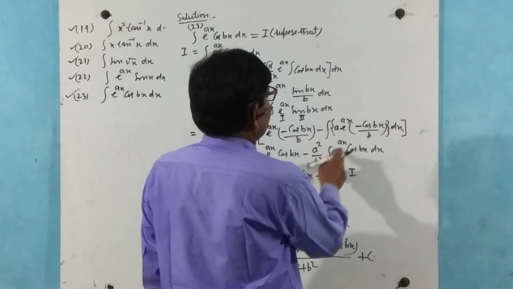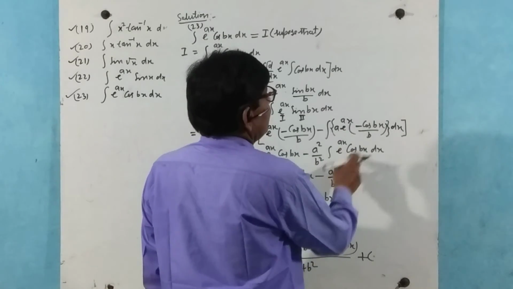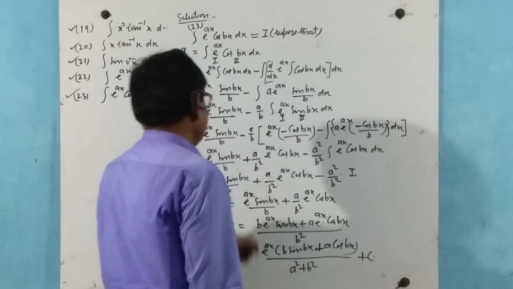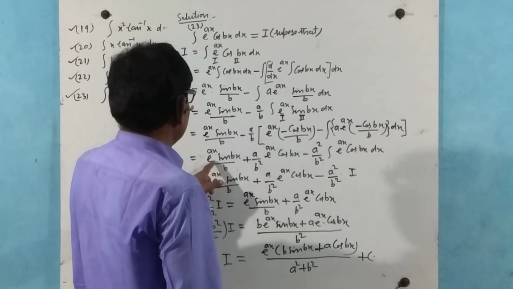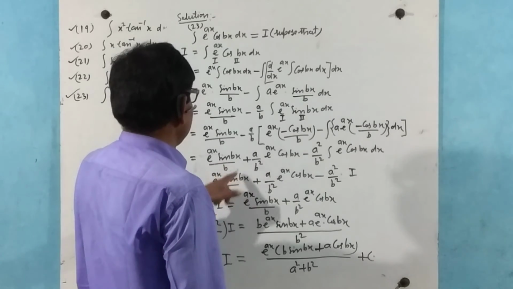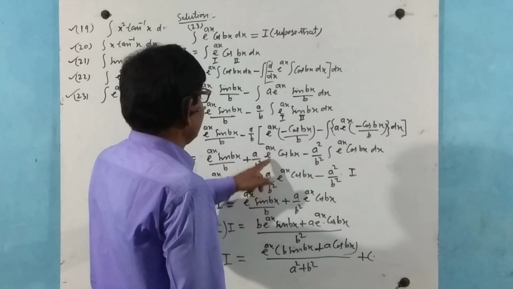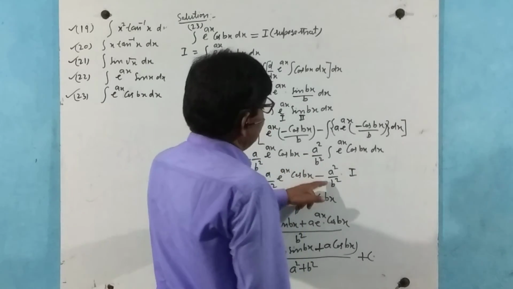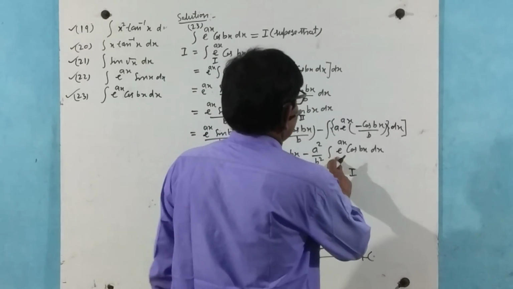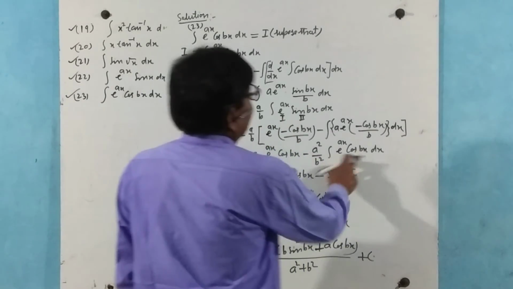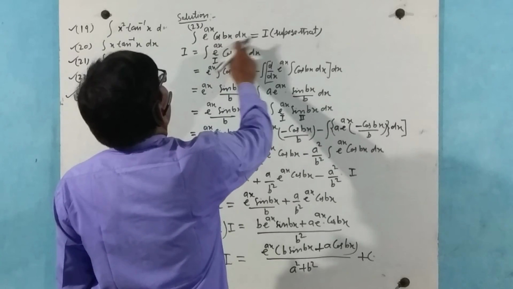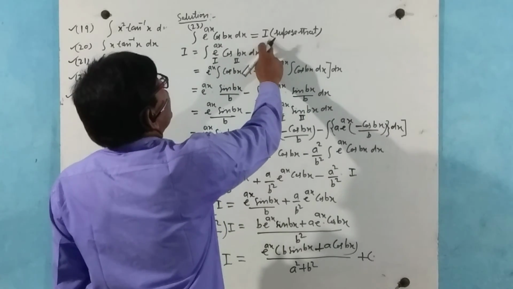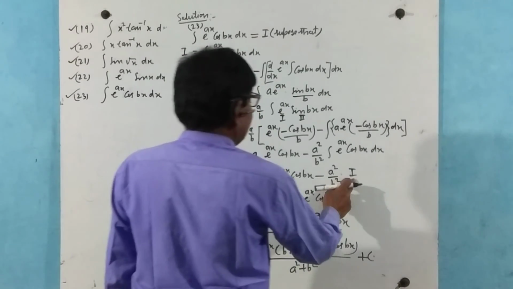So that integration of e to the power ax cos bx dx. Now these terms: e to the power ax sin bx by b, a by b square e to the power ax cos bx, and minus a square by b square integration of this, e to the power ax cos bx dx, also equal to I.